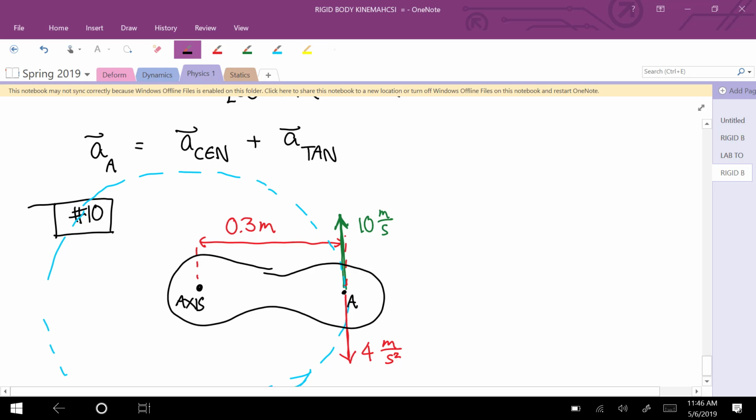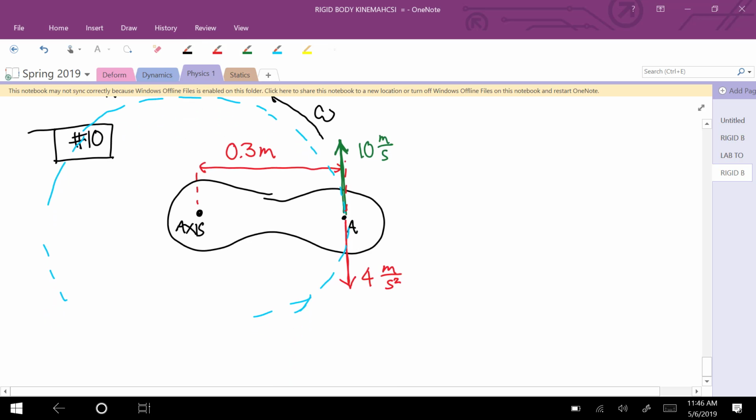Well, the angular velocity has to be this way if the velocity is up. And the angular acceleration has to be this way if the tangential acceleration is down. So omega is going to be positive because it's counterclockwise, and alpha is going to be negative because it's clockwise. Now we need to figure out the magnitudes.